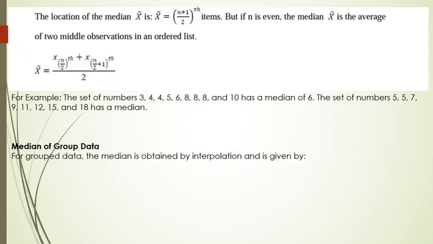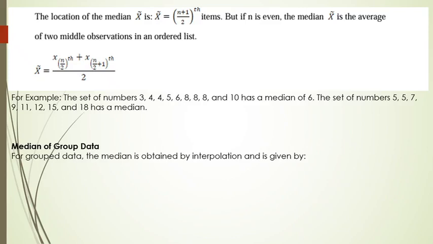Please have it in your mind that the first thing you do is you arrange in ascending order, that is from the smallest to the biggest. So after arranging in ascending order, then you use the formula n plus 1 over 2. Our n is the total number of observations given, which is 9, plus 1, which is 10 over 2. That will give us 5. Then you check for the number that falls in the fifth position.